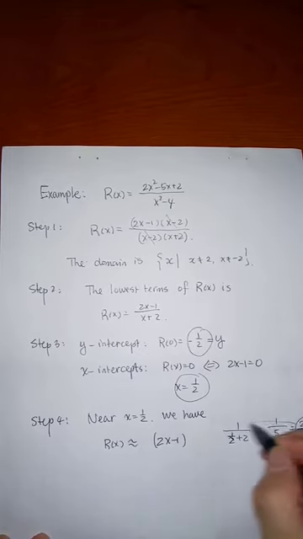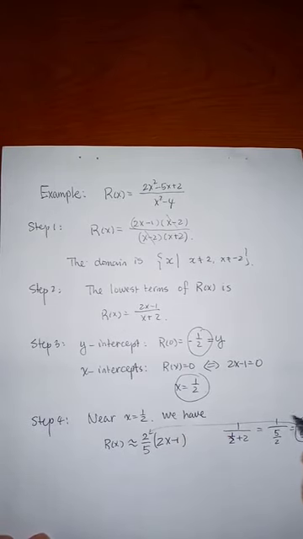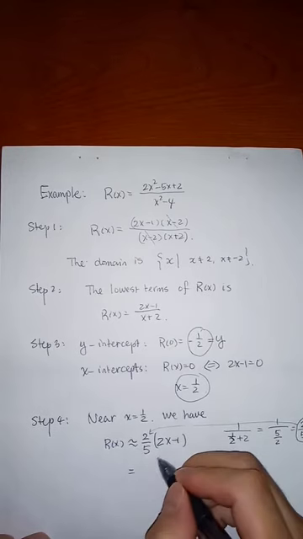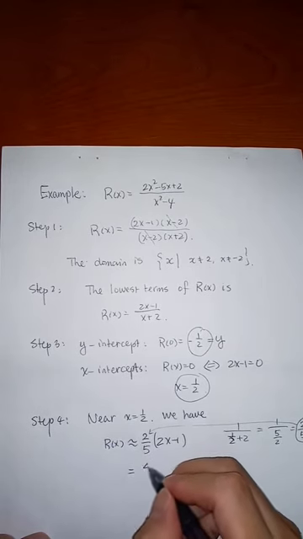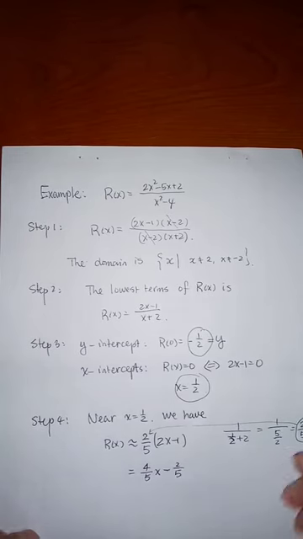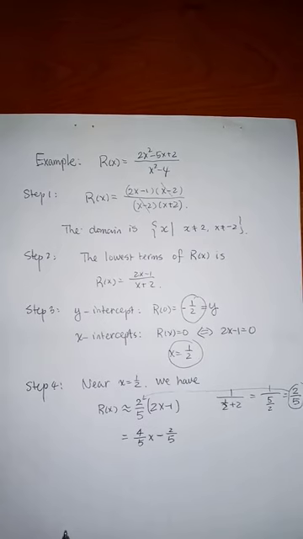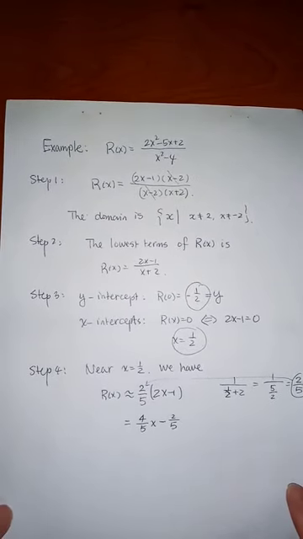So this is 4 over 5 times x minus 2 over 5. So it is a linear function. That's the behavior near the x-intercept.